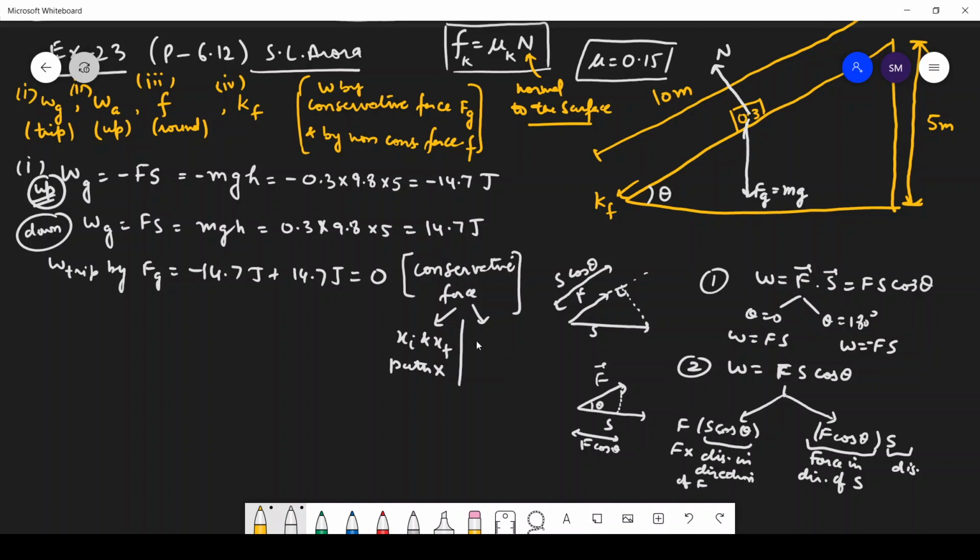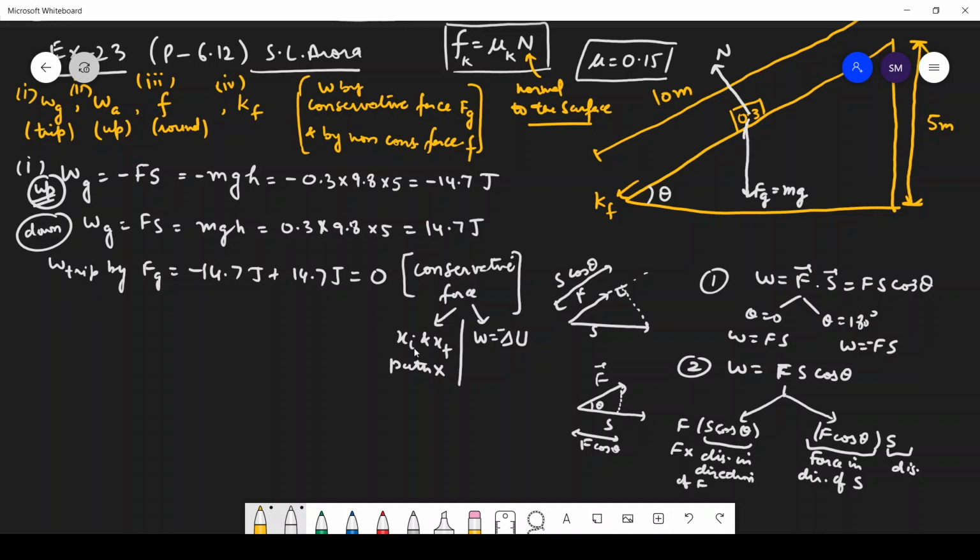So the potential energy here you can take as 0, and here the potential energy is 0.7. This potential energy we can denote by symbol U or symbol V. We will be using U. So work done by the conservative force is the change in potential energy, but the sign is negative. So work done is equal to minus delta U.